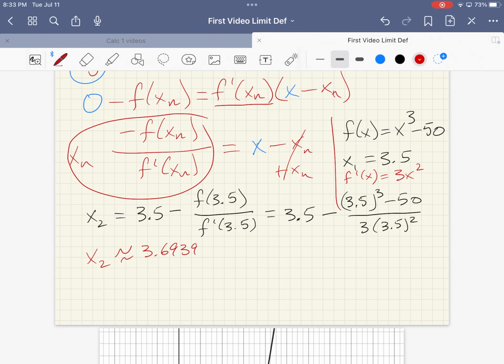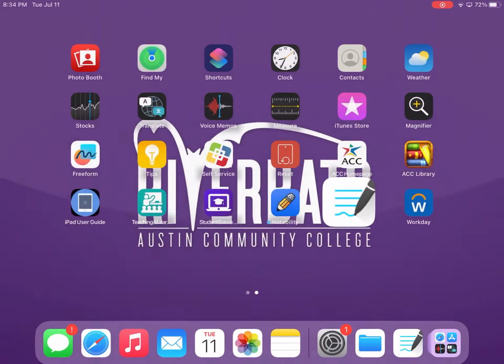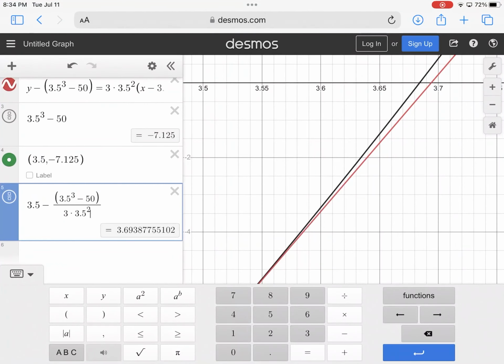Now we would do this again and we would look for x sub 3. So x sub 3 would be 3.6939 minus f of 3.6939 divided by f prime of 3.6939. And you can see that it's just going to get closer and closer. So let's do this one on Desmos.